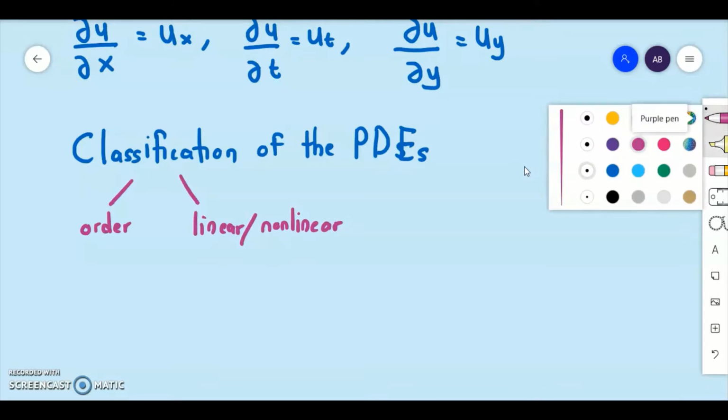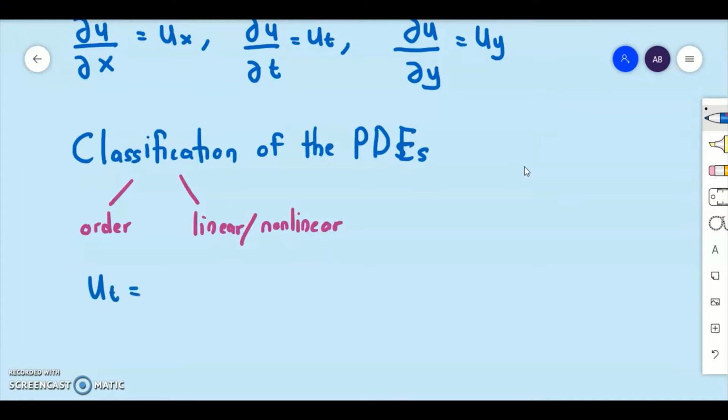If I have an equation u_t = u_xx, I can also write it as partial u over partial t equals partial squared u over partial x squared, another way of writing. Refer to my independent variable with the highest derivative here. So this is second, so this is second order.